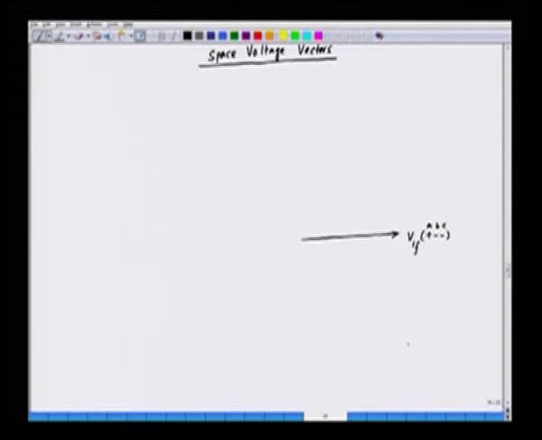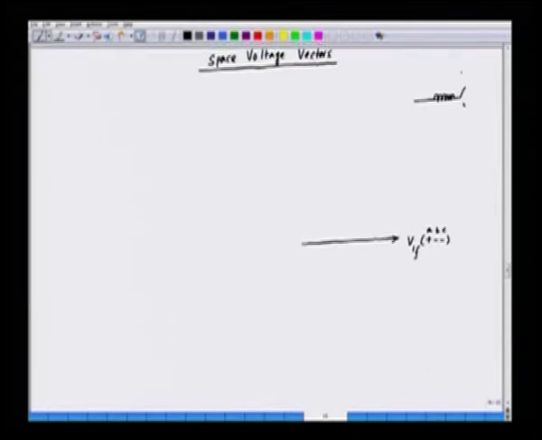So, it means the machine has got 3 different phases. In this case, phase A, and again we have phase B in this case.